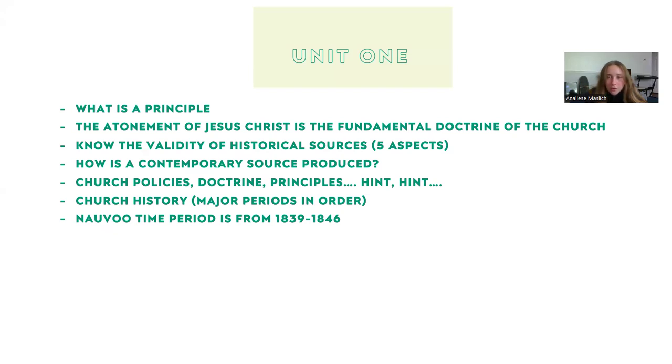Know how a contemporary source is produced. Then church policies, doctrine, principles. A little hint for this is that the church handbook would be an official church policy. So it might be like, what is an official church policy? Oh, it's the church handbook.